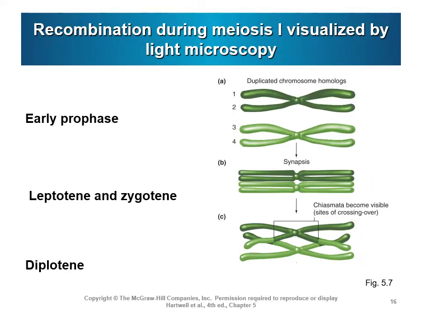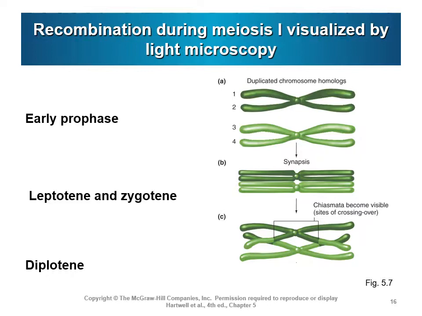Here is a graphical representation of recombination during meiosis I, visualized by light microscopy. There is the early prophase, where the duplicated chromosome homologs can be observed.